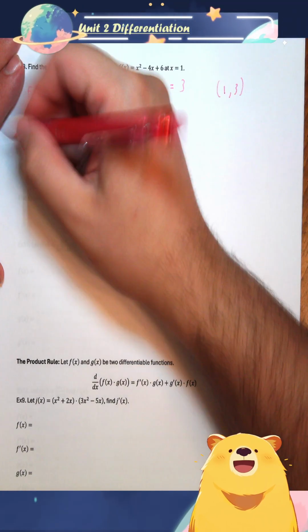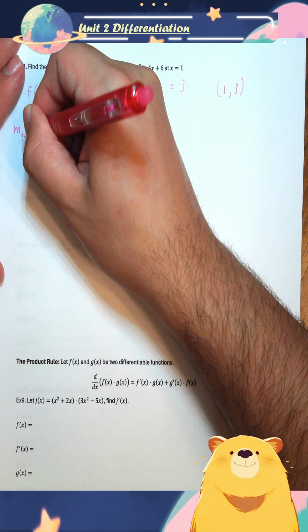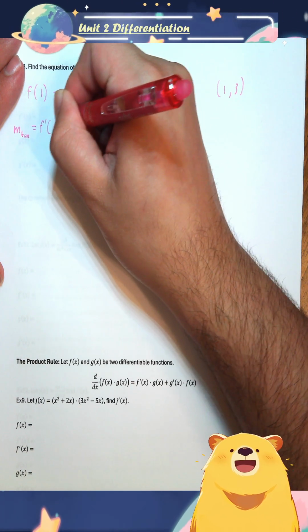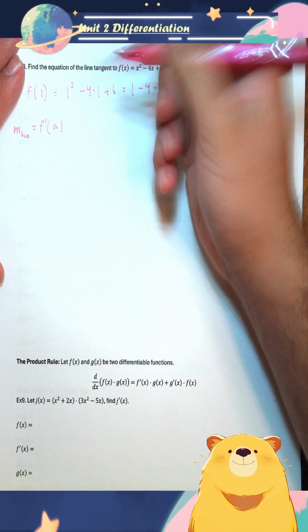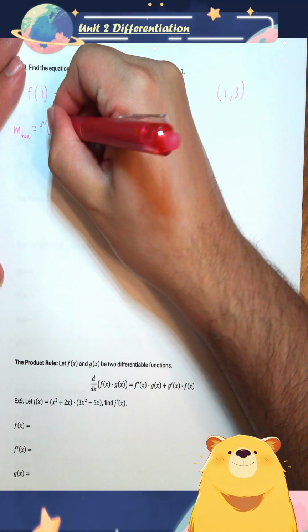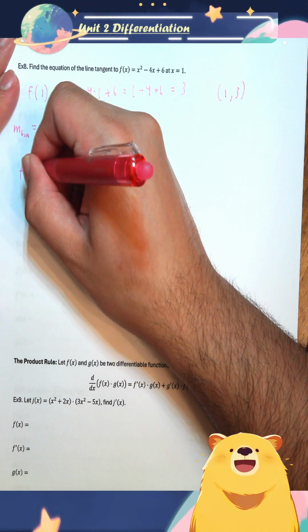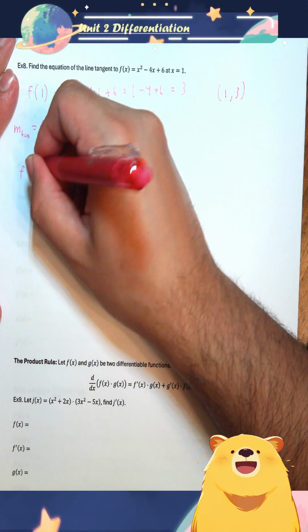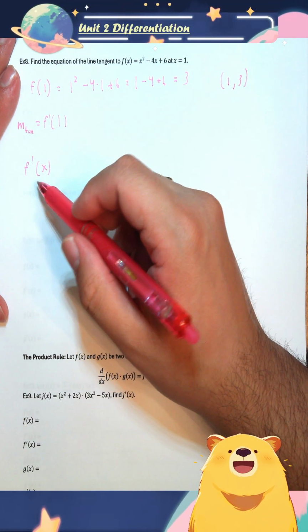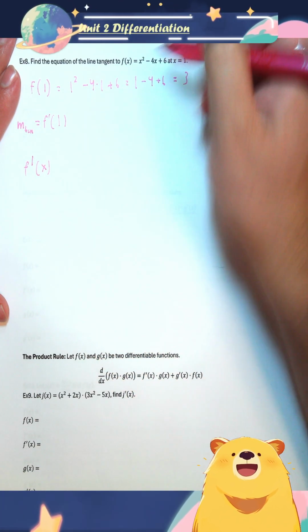Now, recall that we said that the slope of the tangent line is equivalent to the derivative at that specific point. Well, in our case, this specific point is 1. But instead of defining f prime of x as its limit, we're just going to go ahead and provide it as a function using the differentiation rules.